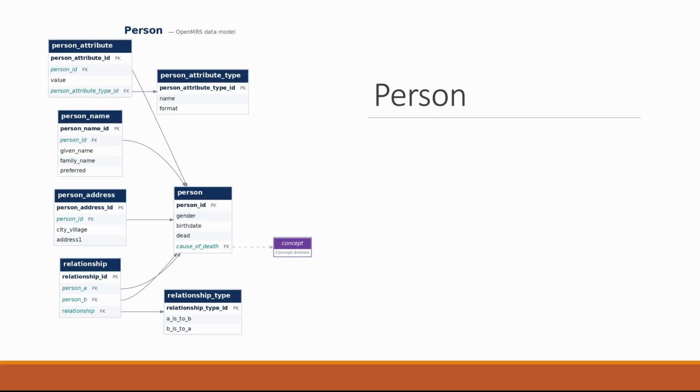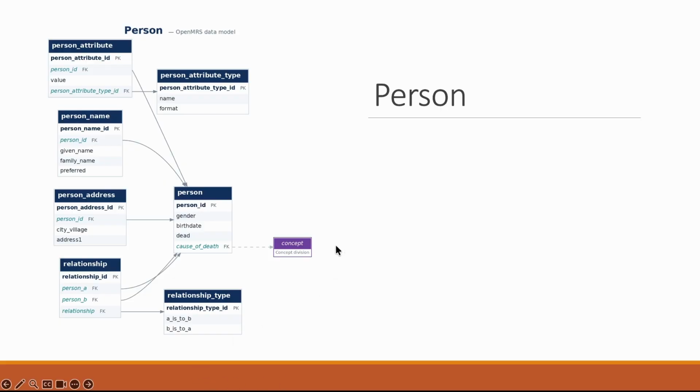Now in the OpenMRS world, every human is going to be in the person table, be it a patient, a user, a healthcare provider, a clinician, whoever. All of those are going to end up in the person table, and the person table itself is also independent.